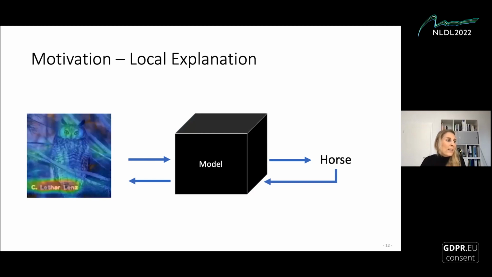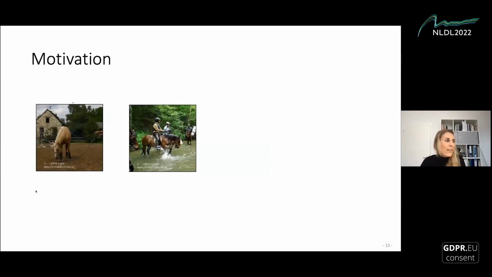we see the most important features that lead to the prediction of the class horse, and it was the text in the image. In the training images there is always some kind of text information, not in every image of a horse, but in a lot of the images.